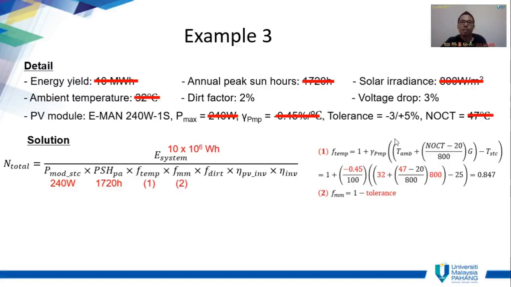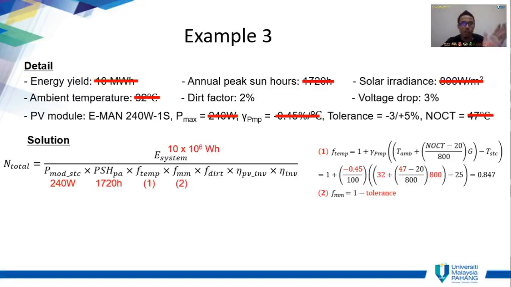If, for example, we have a module of 100 watt, minus 3% means that at peak time, at the best condition and best performance of the PV module, the 100 watt may vary from 97 watt.